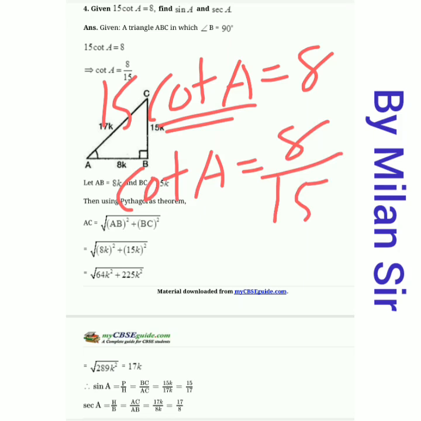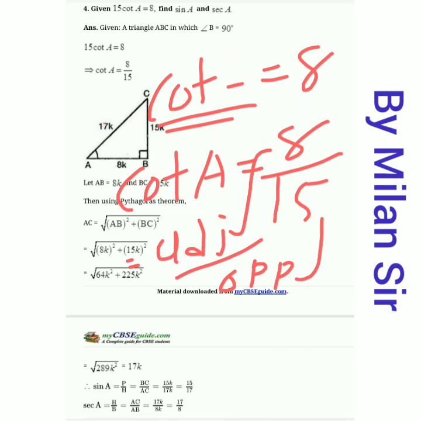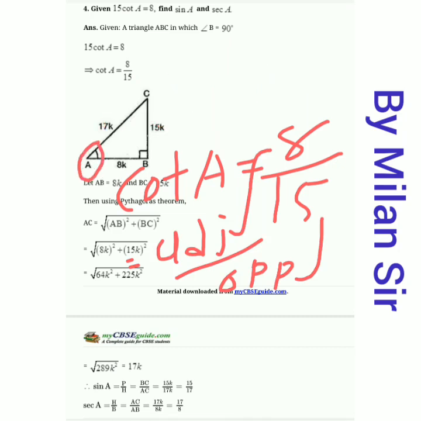Now what is the formula of cot? It is adjacent upon opposite. So your adjacent 8k and opposite 15k with respect to A. A is your reference angle. First of all, adjacent it's a 8k, and then opposite it's a 15k.